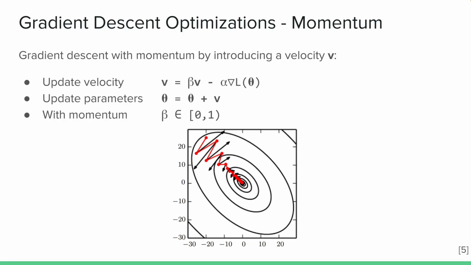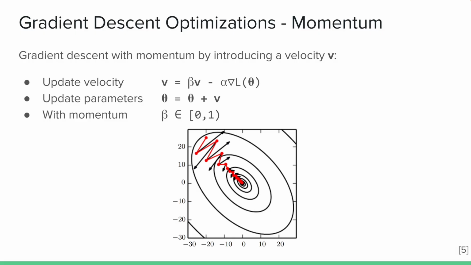To combat this a little bit, there is a technique called momentum, where we kind of keep track of how fast we're moving in a certain direction, and whenever we shift the direction, we kind of slow down. So once we take multiple steps into the same direction, we accelerate and take bigger steps, otherwise we'll take smaller steps.